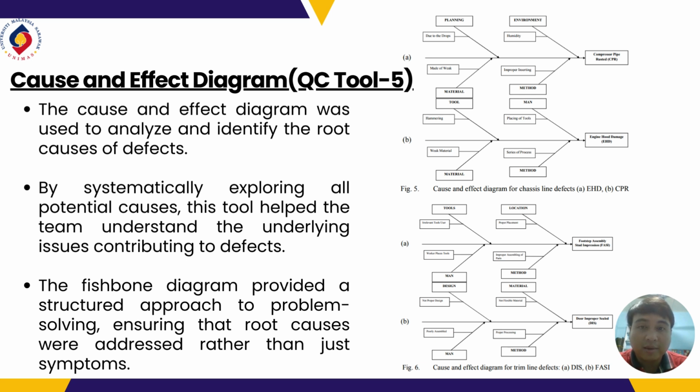The fishbone diagram provides a structured approach to problem solving, ensuring that the root causes were addressed rather than just a symptom. As you can see from the right side, the upper one is the cause and effect diagram for chassis line defects, and the lower one is for the trim line defects, using the fishbone diagram.